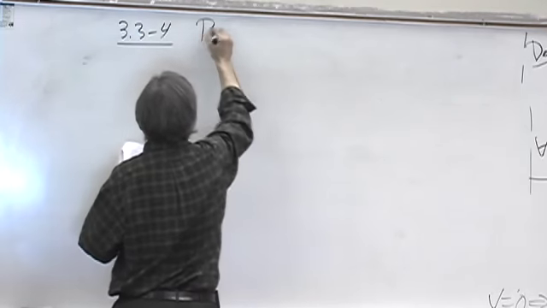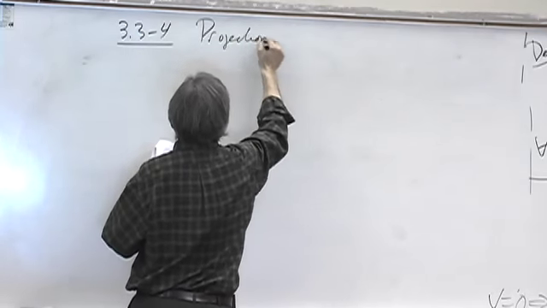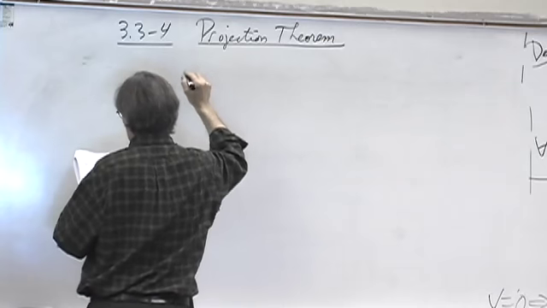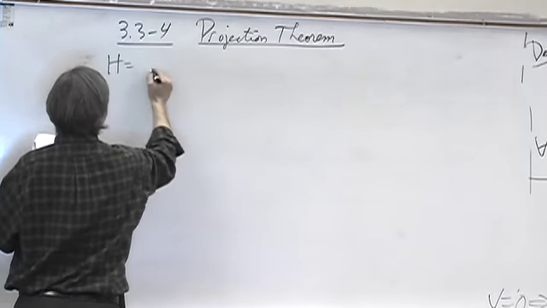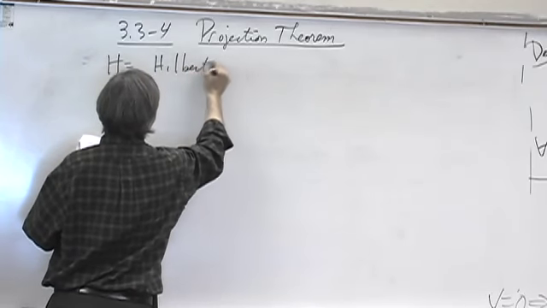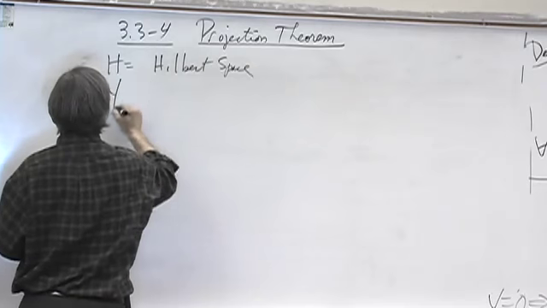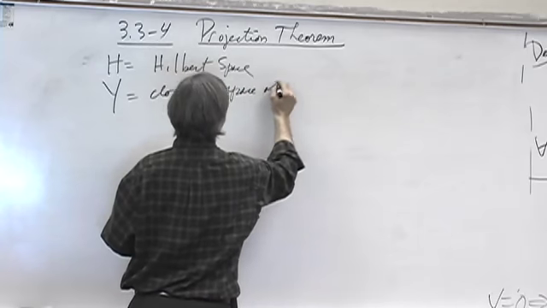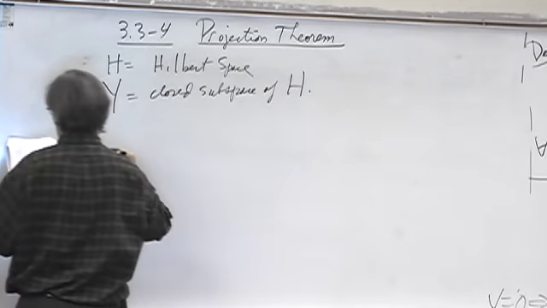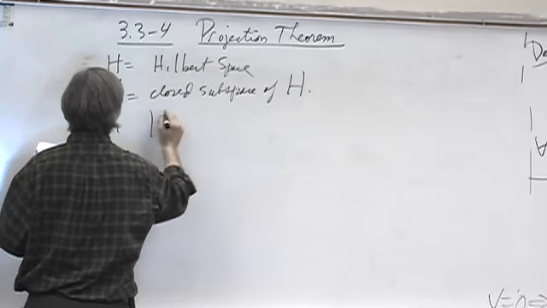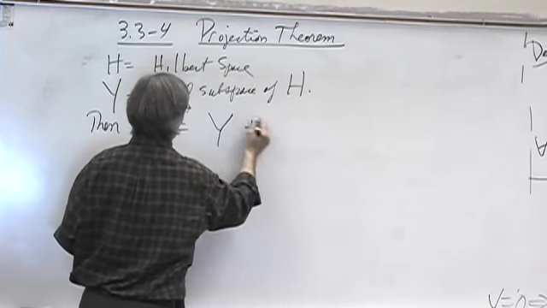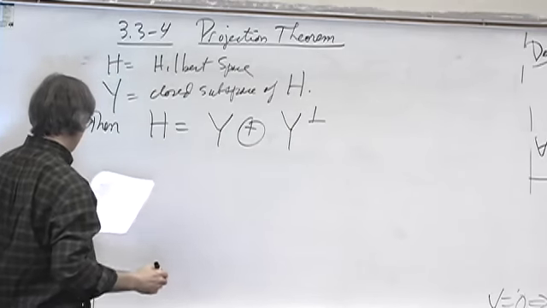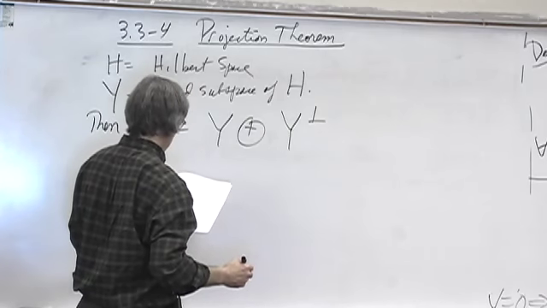3.3-4, projection theorem. H equals Hilbert space, Y equals closed subspace of H, then H is written as the direct sum, Y plus the orthogonal complement of Y. We already showed that you can do this.